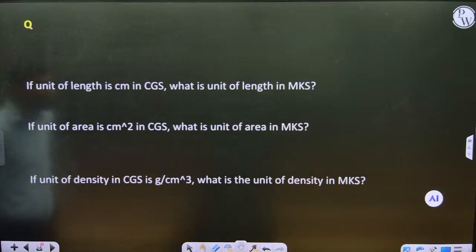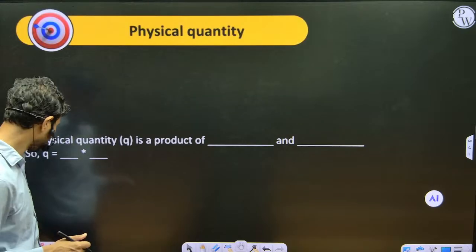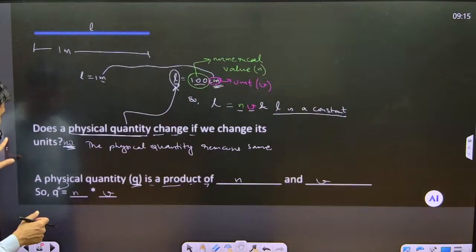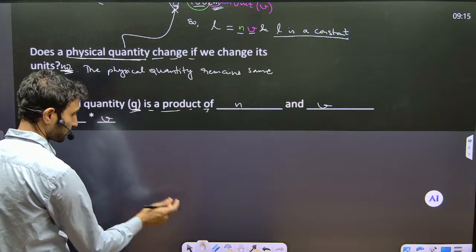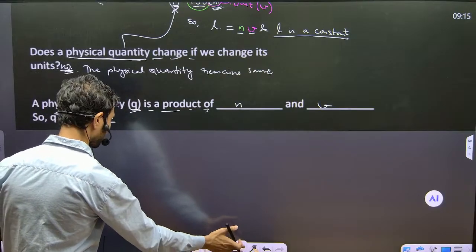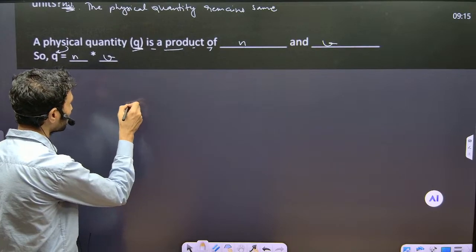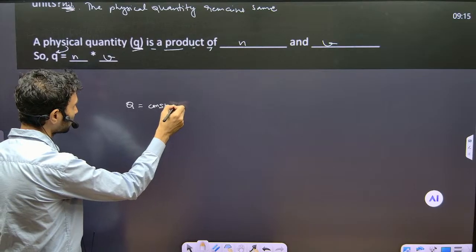Okay. So what do we learn from here? We learned that Q is a constant, right? I hope we all can agree with the fact that Q is a constant.